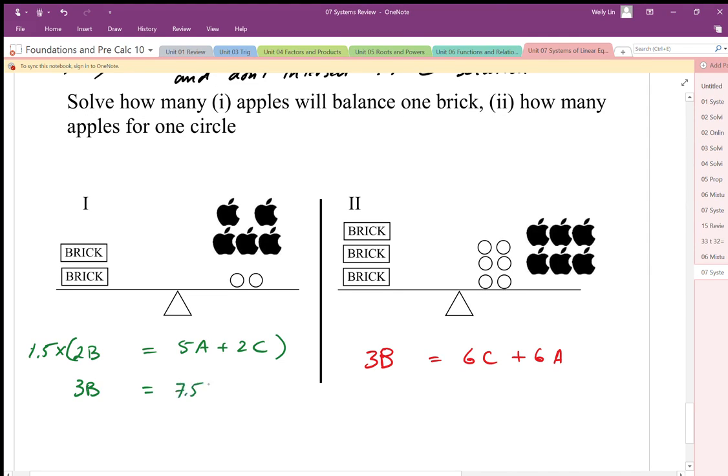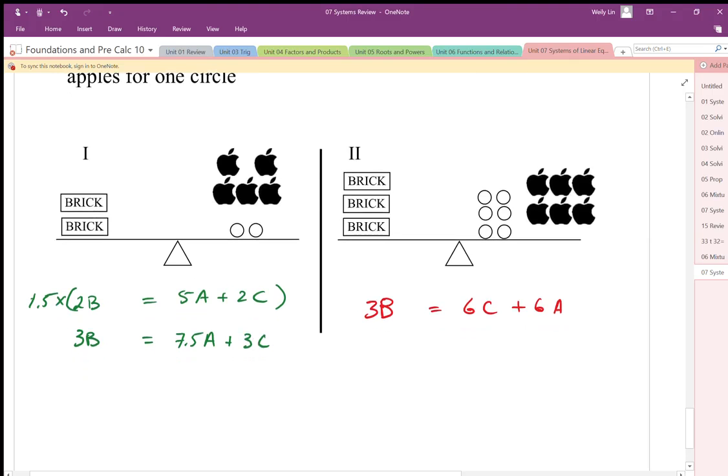So I'm going to end up with 7.5 apples. But that's okay. I can put half an apple on this balance. And what I'm going to do is replace these 3 bricks here with 7.5 apples and 3 circles. And that's going to balance 6 circles and 6 apples.